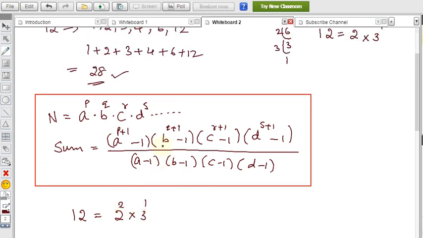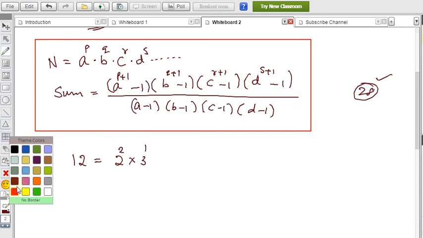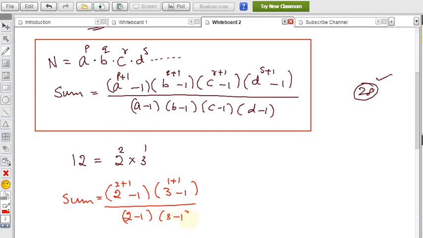After adding, I got the sum as 28. Now we'll check whether this formula gives 28 or not. According to the formula, the sum is equal to 2 to the power 2 plus 1 minus 1, 3 to the power 1 plus 1 minus 1, divided by 2 minus 1 into 3 minus 1.